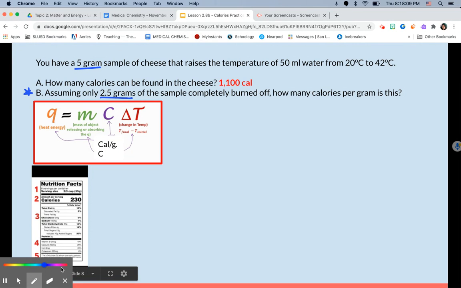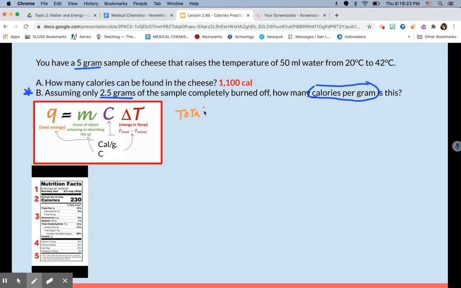So remember that if I'm looking for calories per gram for this particular question, then I'm going to take my total number of calories. Excuse the messy handwriting. Total calories divided by the number of calories that burned, right?